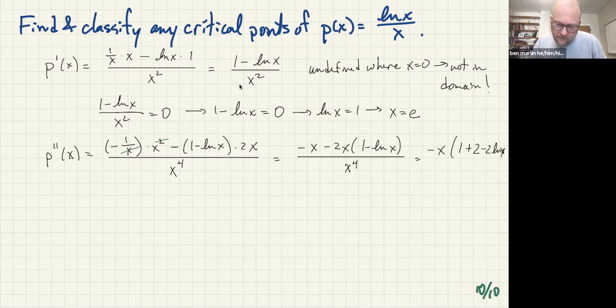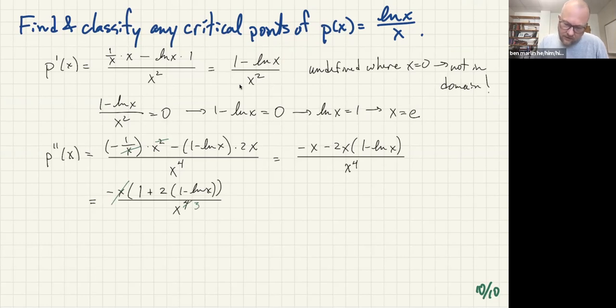Let me rewrite that somewhere that is less messy. So this is equal to, what did we say? Minus x times 1 plus 2 times the 1 minus ln x, all of that divided by x to the 4th. And then let's cancel one of those out there so that it's a little bit less messy.